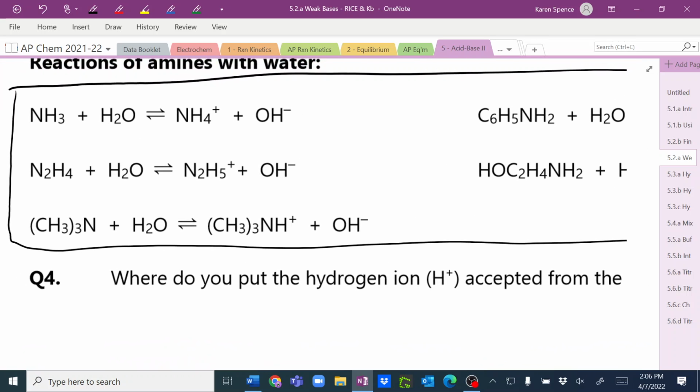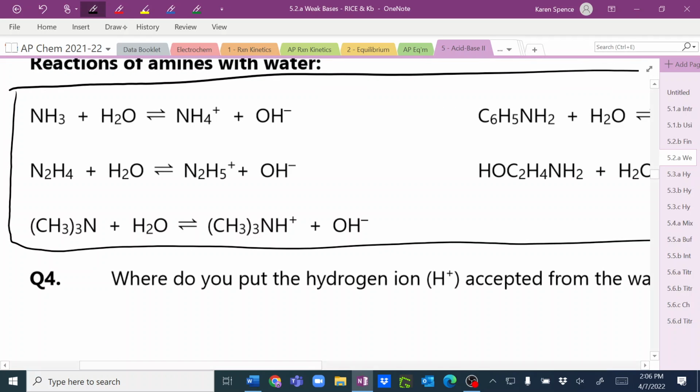We got a hydrogen and it's going over here. To what atom does it attach? To the nitrogen.